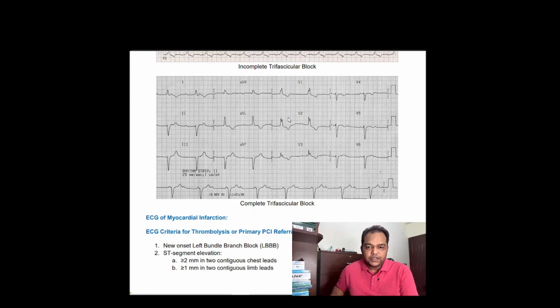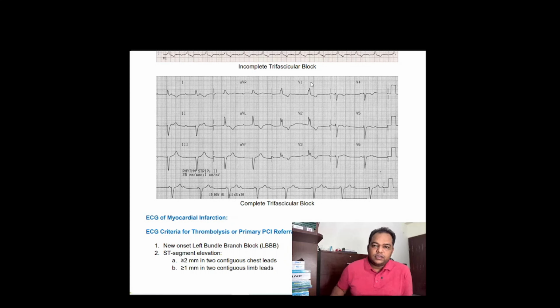And in this picture, we can see complete trifascicular block. That means RBBB, bifascicular block plus complete heart block.